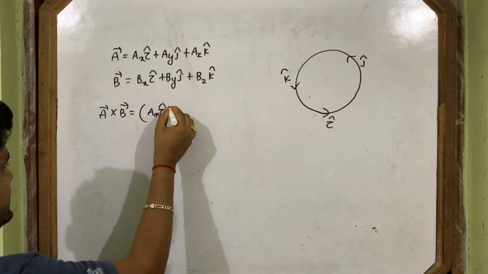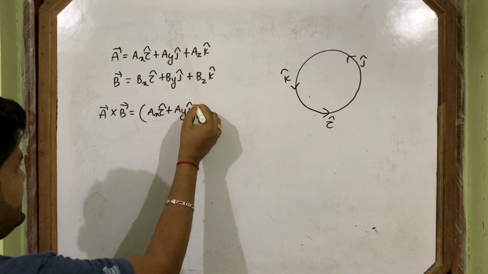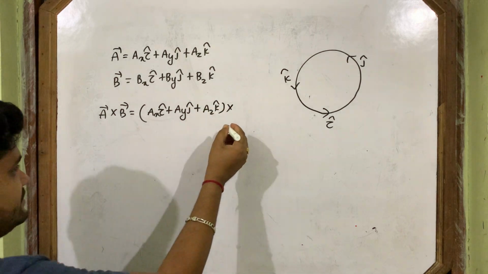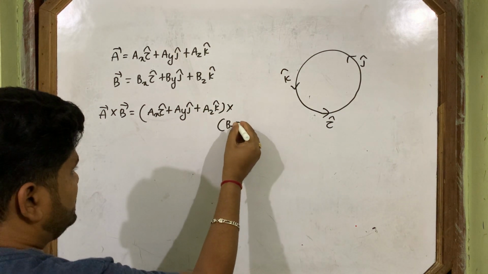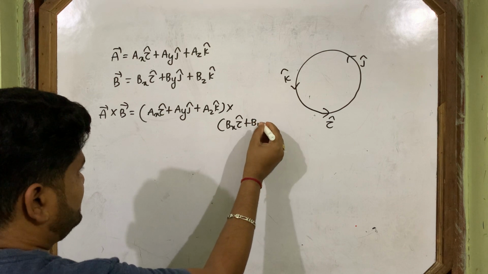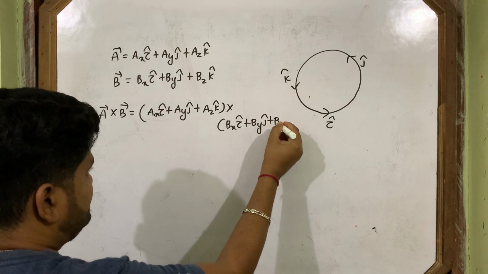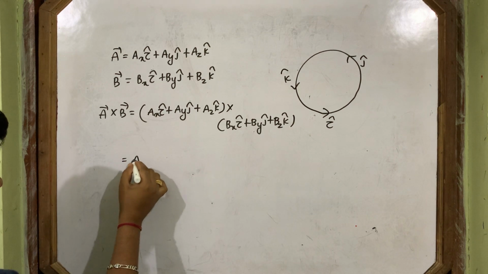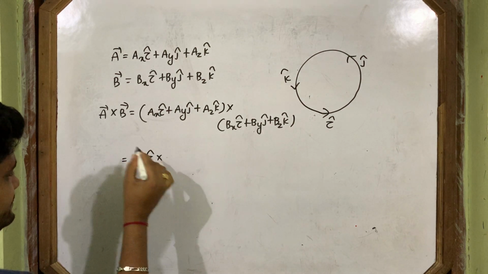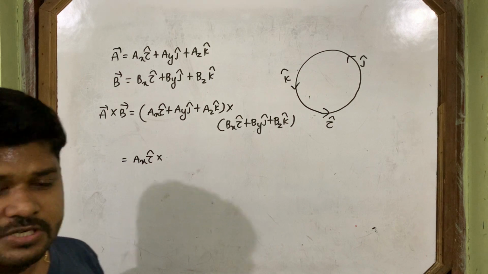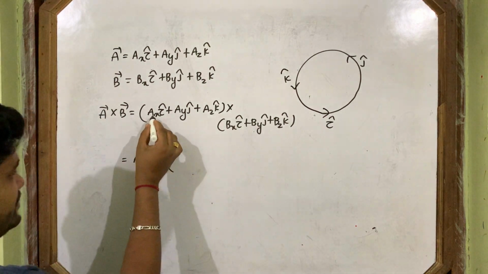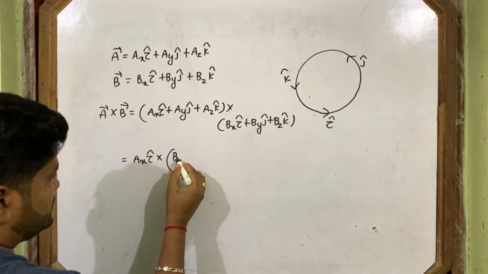So first write a vector, ax i cap, ay j cap, az k cap, cross b vector. We'll use the distributive law here.